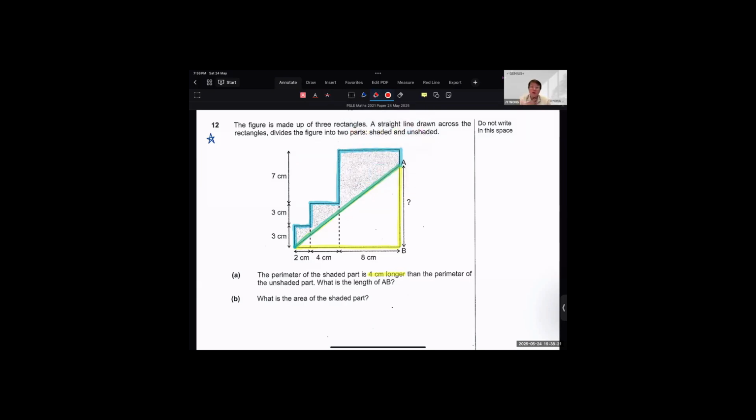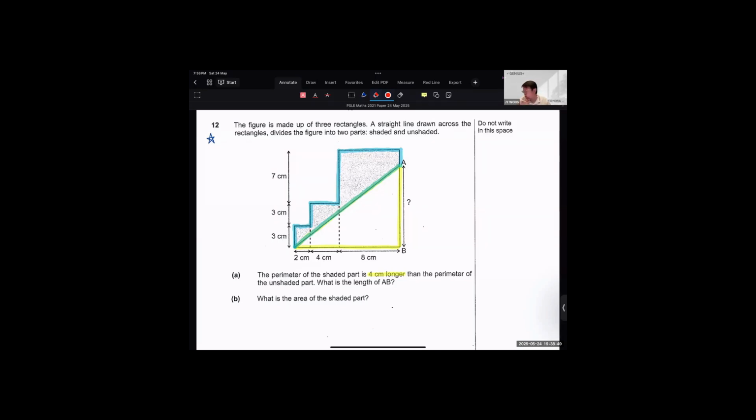The first thing you must recognize is, does the diagonal length in the middle make up any difference? No. The diagonal does not make up any difference. Why? Because in both the shaded and unshaded, there is the diagonal length. So the diagonal will not make up any difference in your perimeter.